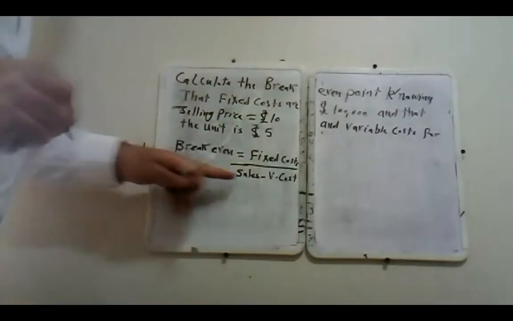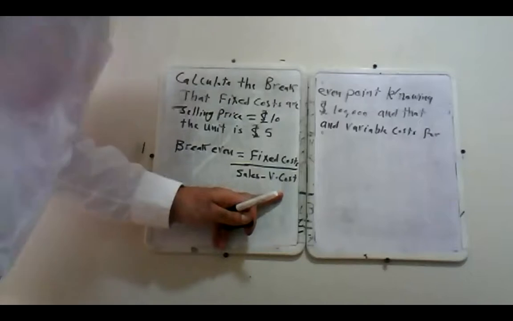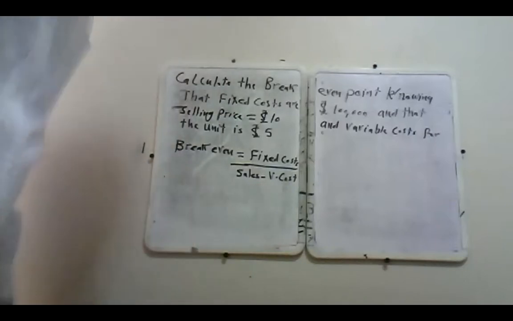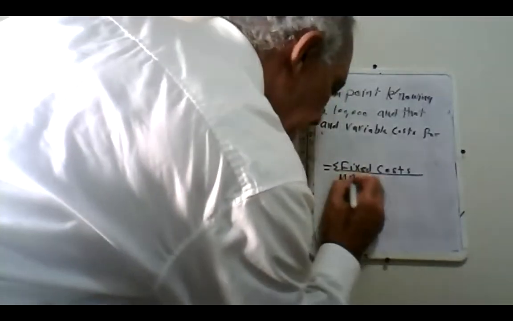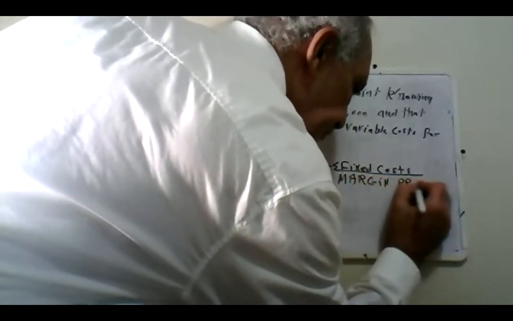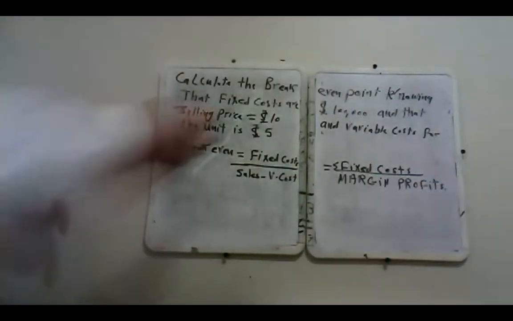By the way, the sale price for a unit minus the variable cost for a unit, we call that the profit margin. So in other words, it is the total fixed cost divided by the profit margin. So this is the equation.